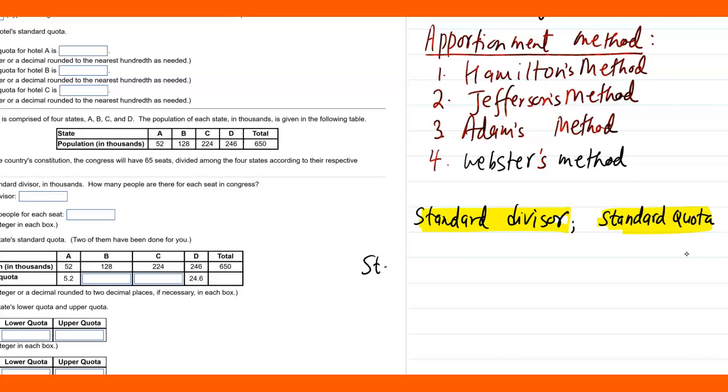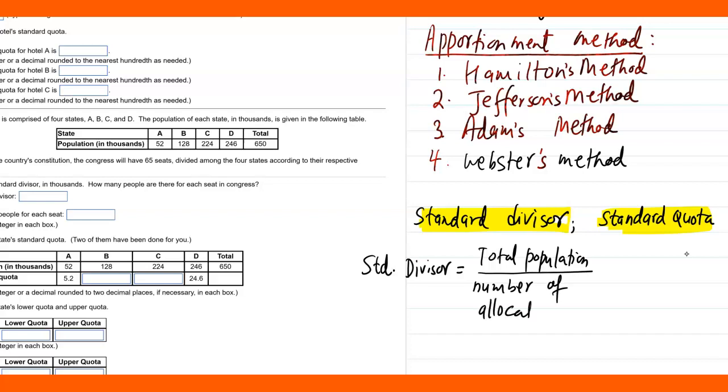Standard divisor, I put STD for standard divisor, equals total population divided by number of allocated items. That is the same as quota.